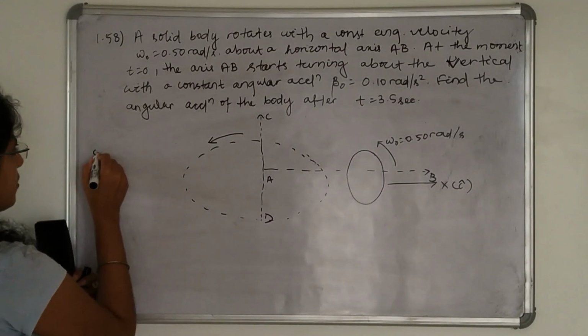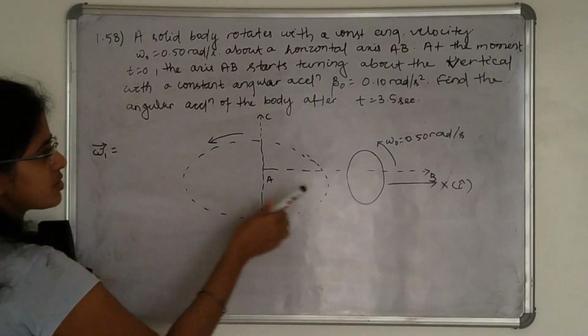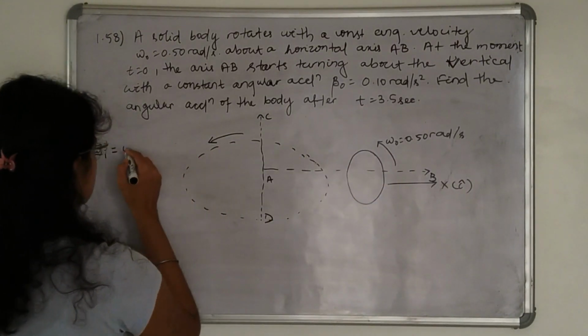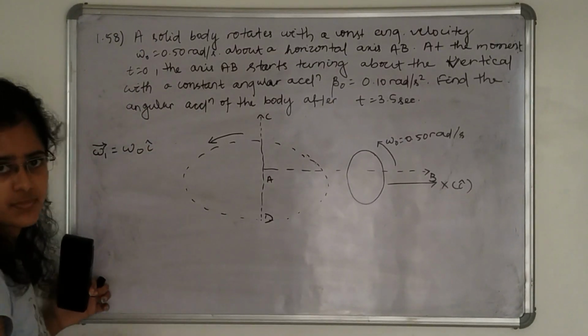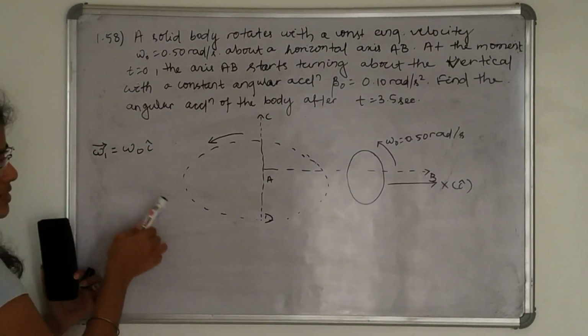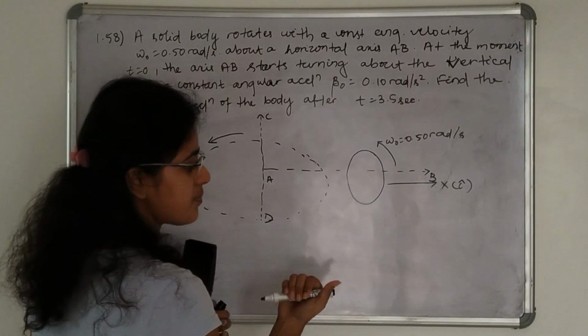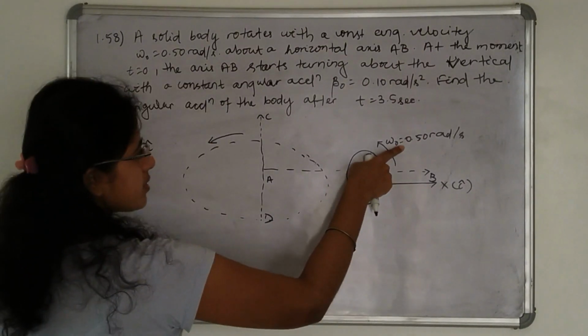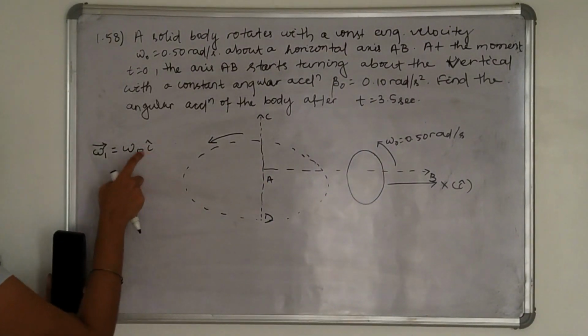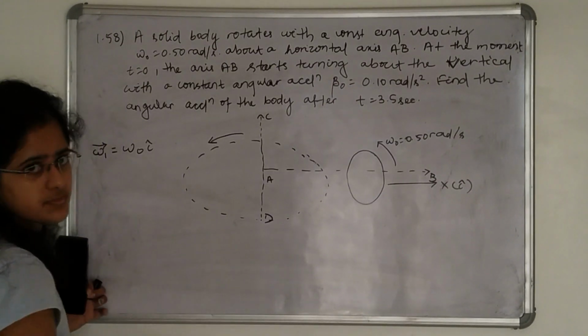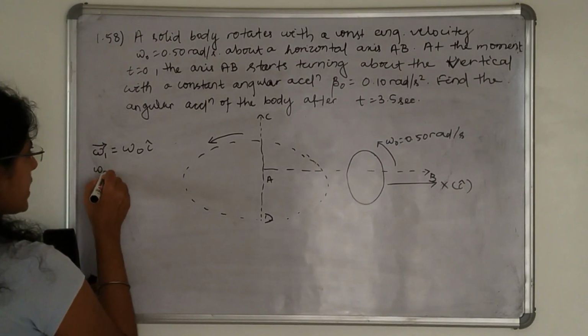That means omega 1 vector is how much? Omega naught I cap. Vector has magnitude and direction. So this is rotating in yz plane along x axis with angular velocity omega naught and direction is along I cap. Omega 2 vector is how much?